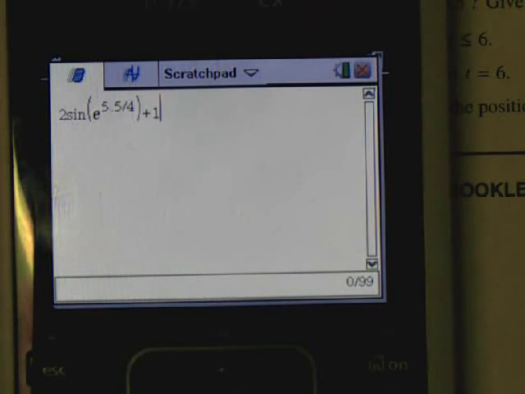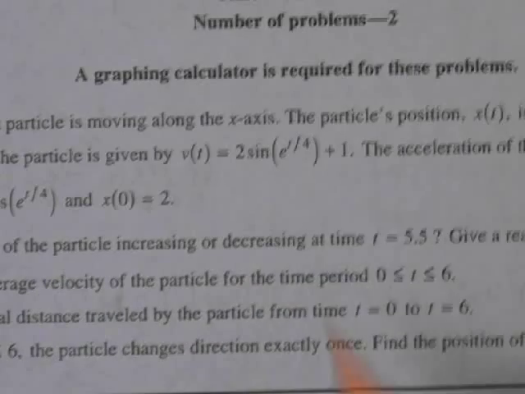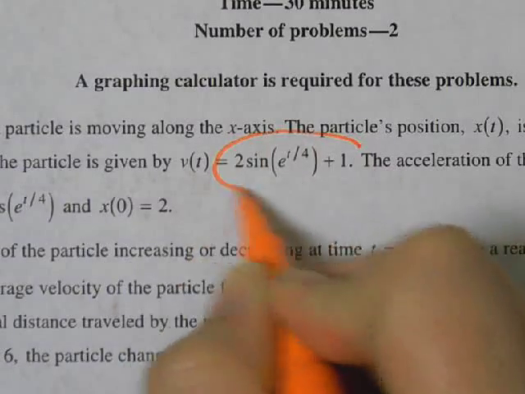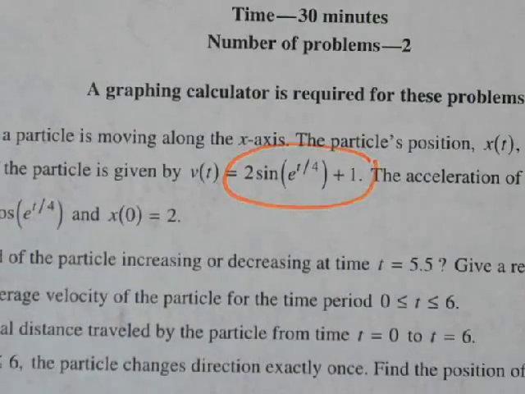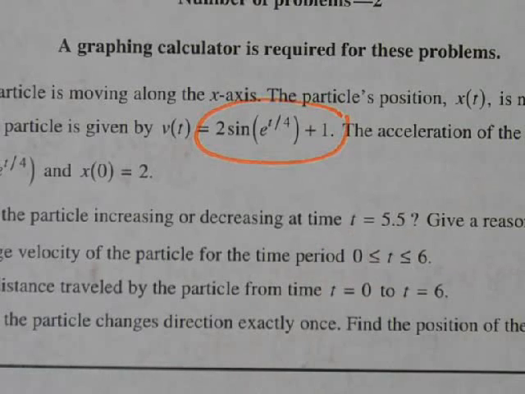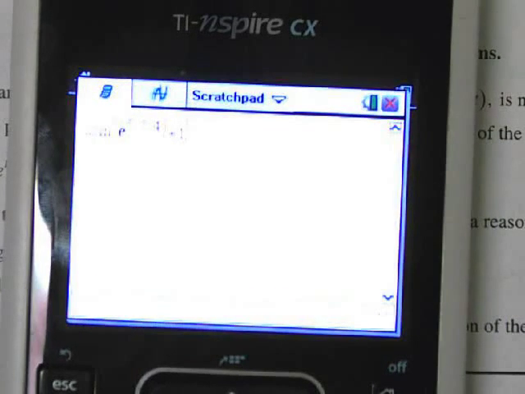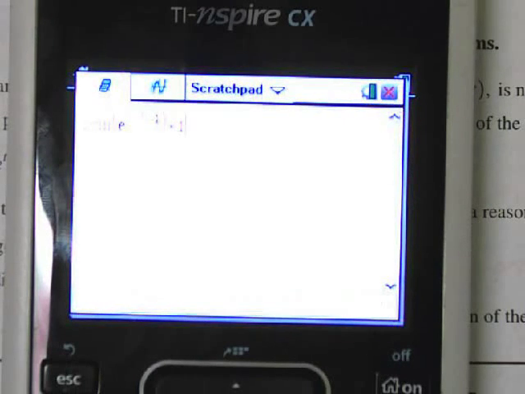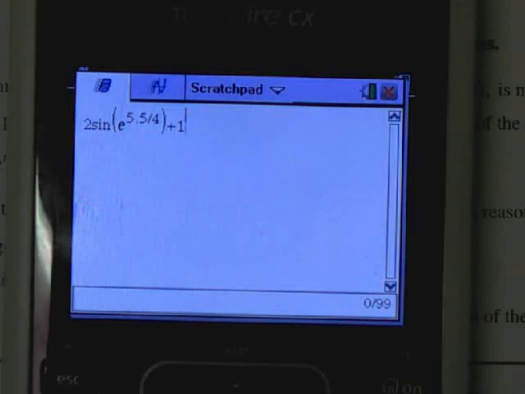Alright, so we'll type that in. We also get a negative for the acceleration at 5.5. Velocity and acceleration have the same signs. So speed is increasing.